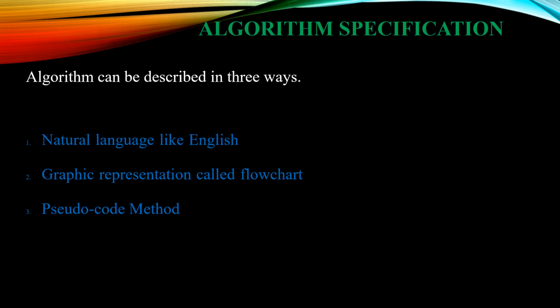Then we move on to the next slide, algorithm specification. An algorithm can be described in three ways: natural language like English, graphical representation called a flowchart, and the pseudocode method. The first one is natural language like English.